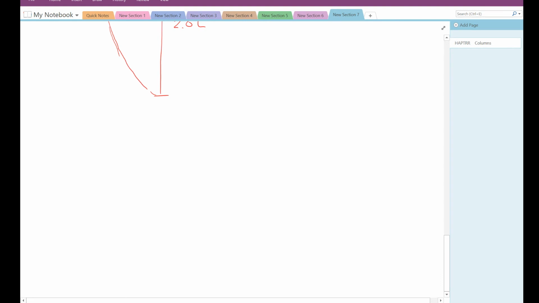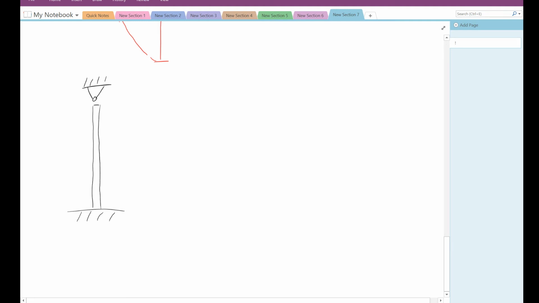And the final condition we're going to look at in columns right now is a fixed pinned condition, right? So if we have a column that is pinned at the top and fixed at the bottom, if I can draw it decently, right? We're fixed down here, so it's not free to rotate or translate, and we're pinned at the top, so we're free to rotate but not free to translate.